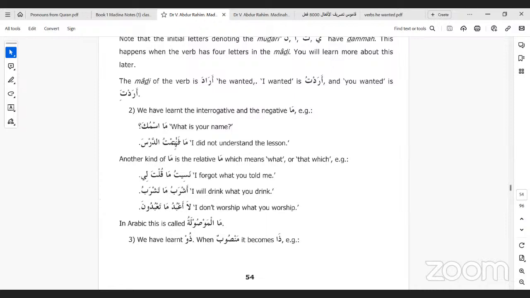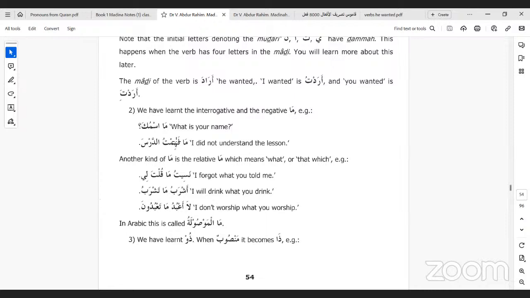For example, nasitu ma qulta li, I forgot what you told me. Ashrabu ma tashrabu, I will drink what you drink. La a'budu ma ta'budun, I don't worship what you worship. In Arabic, this is called ma al-mawsula.